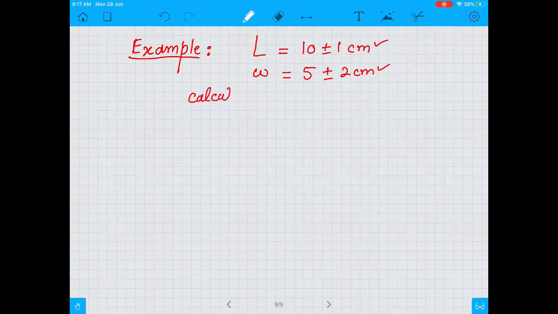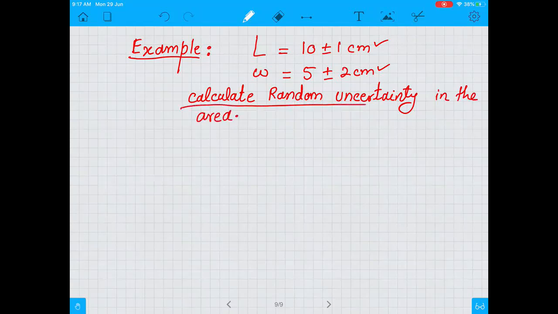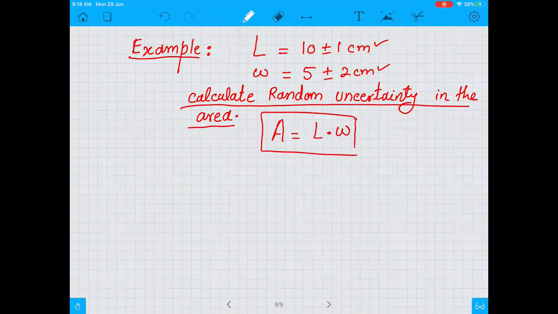Calculate random uncertainty in the area. Now you see, area is equal to length into width.